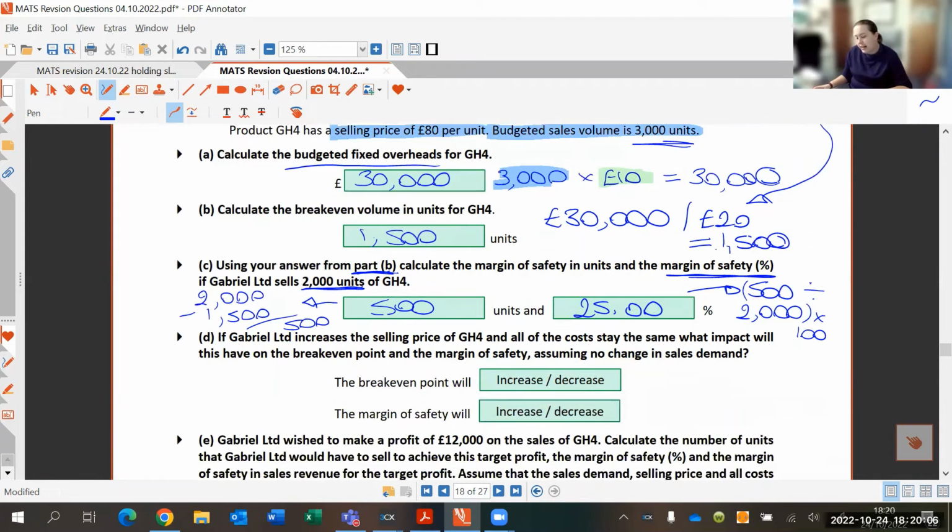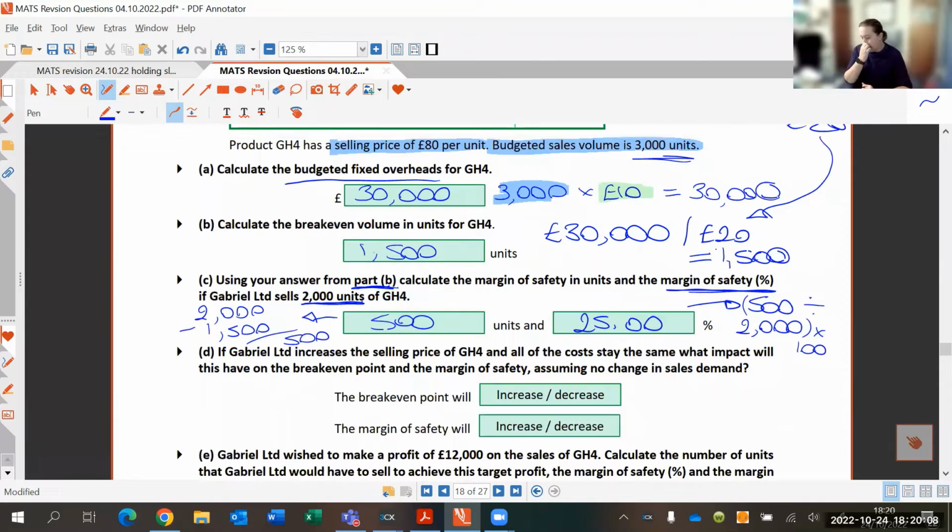Right, this is where things get a little bit more tricky because we're now going to be looking at what happens if they make some further changes to the pricing on this product. So they're looking to increase the selling price of GH4, but all the costs will stay the same. So we need to have a look at what impact that will have on both the break-even point and the margin of safety, assuming no change in sales demand.